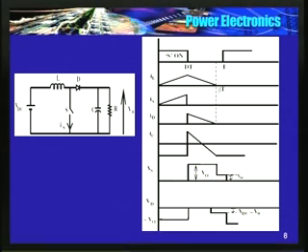When the switch is on, it is V0. When the diode is on, voltage across it is 0. And the moment current becomes 0, it is VDC minus V0, till I close the switch the next time, and the cycle repeats.